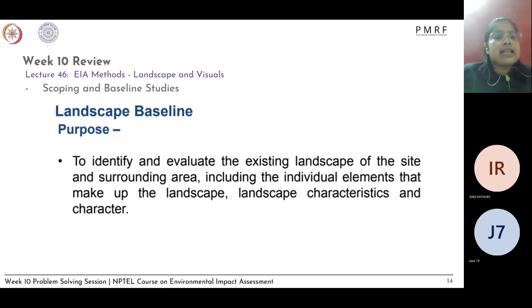And then for doing a landscape baseline, the purpose is to identify and evaluate the existing landscape of the site and surrounding area. And this includes individual elements that make up the landscape characteristics, and the landscape character. So this is why we do landscape baseline studies.